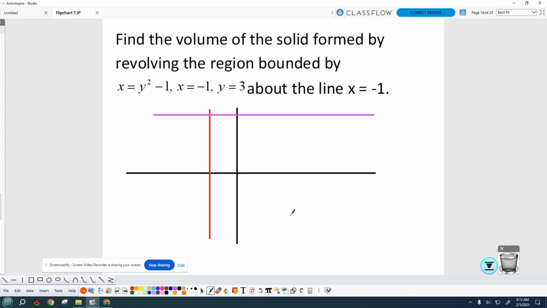Okay, so I drew x equals -1 and y equals 3.